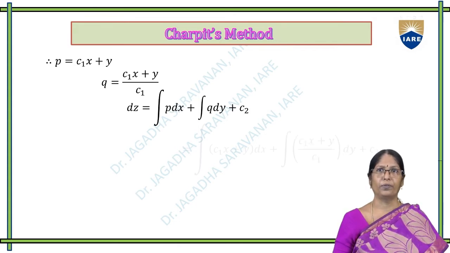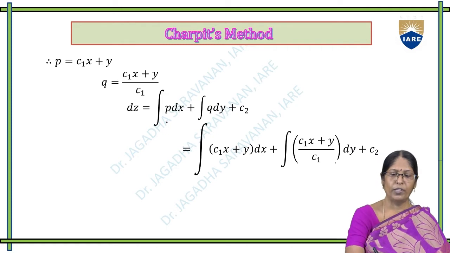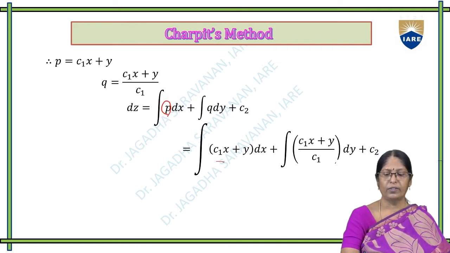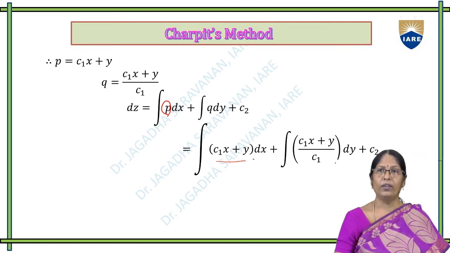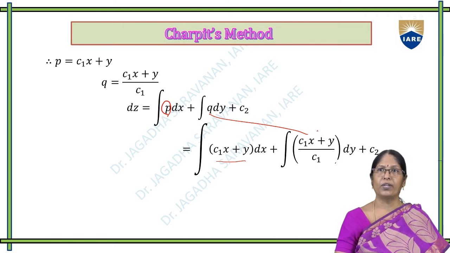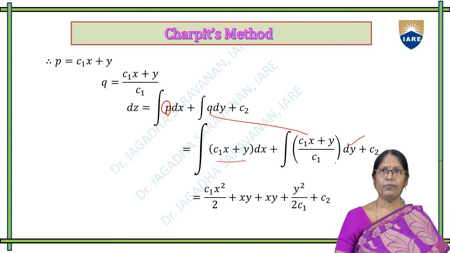c2 we have written. Now the p value we obtained, that is c1x plus y, goes with dx. In the q place we substituted the q value, that is c1x plus y divided by c1, with dy, plus a constant.